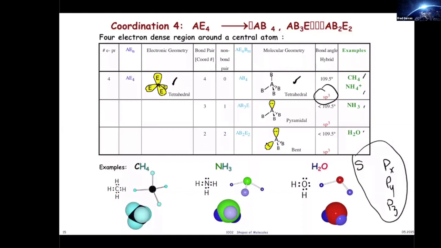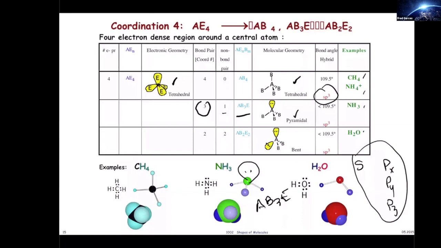If we have 4 regions of electron density and only 3 bonded atoms and 1 lone pair, like in ammonia, you don't see the lone pair here, but they're there. Okay, that's why it causes that chemical to have a pyramid type shape. So the molecular designation is AB3E. There are 4 regions of electron density. It's a pyramidal shape. Okay.